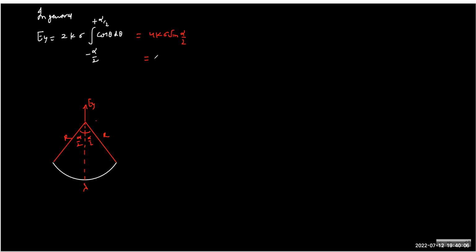Yeah, correct, 2 sine alpha by 2. So this will still be sigma by pi epsilon naught into sine alpha by 2. So if you put alpha equals 180, it will become the answer which you got. Correct.